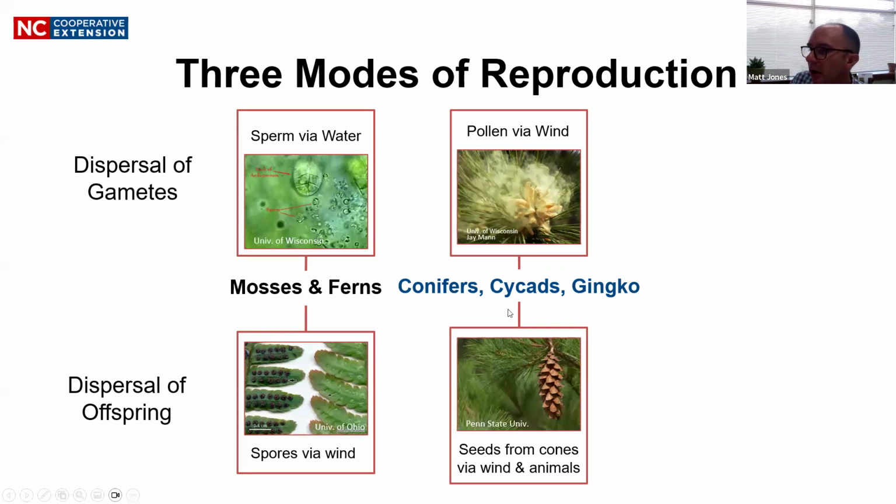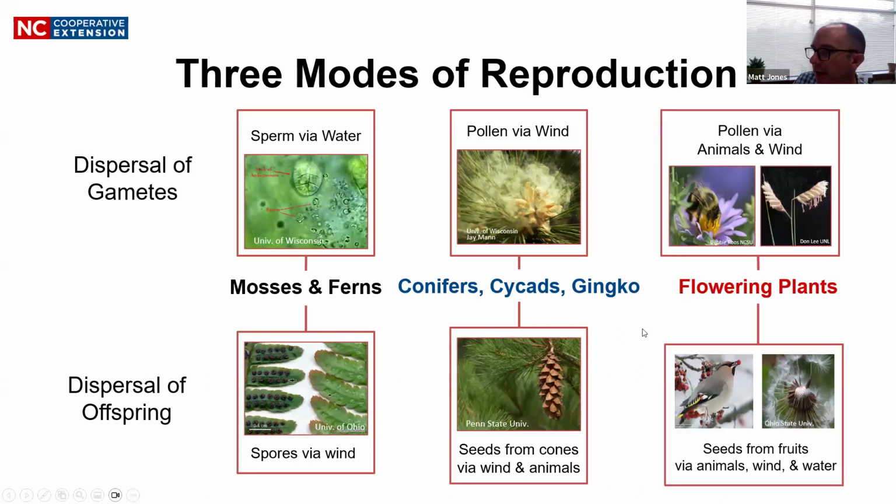And then the conifers also disperse their offspring not by spores, but as seeds. Often those seeds are dispersed in more complex structures collectively called cones, and so is pollen, as we'll see later. And often the seeds are dispersed from the cones through wind or through animal movement.